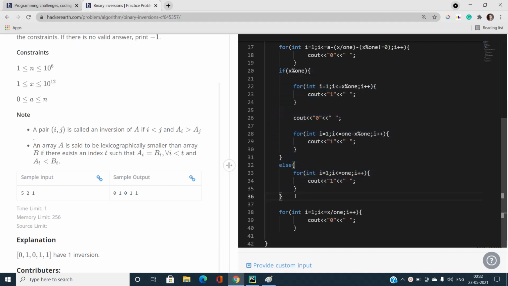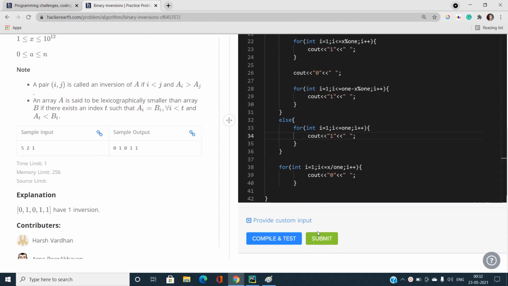It doesn't matter, I will have to print these zeros at the last. So I have just separated these two conditions. Otherwise, I have to print the entire ones, all the ones in between, if x is a factor of this 1. So this should give us all test cases passed.